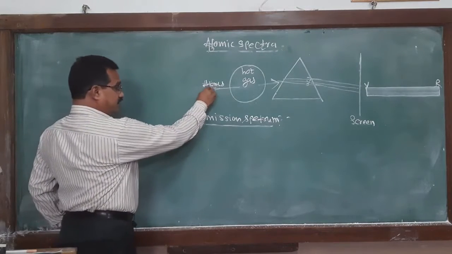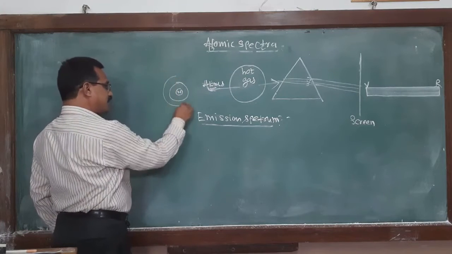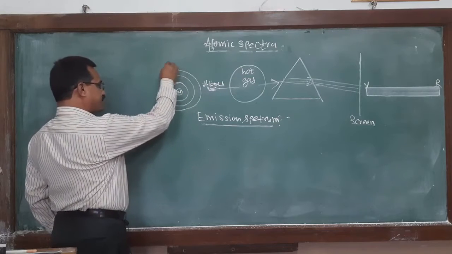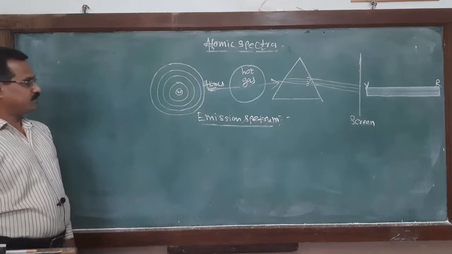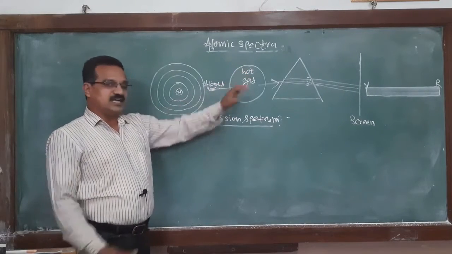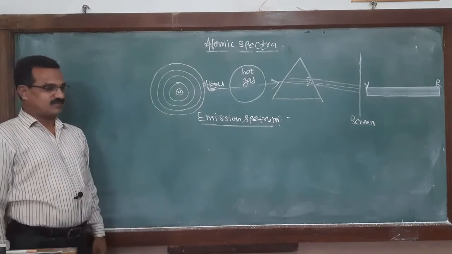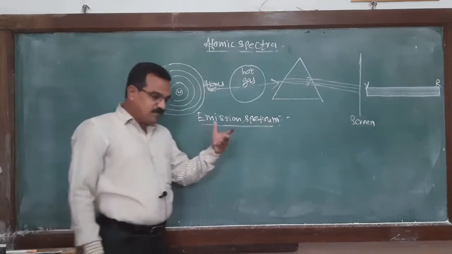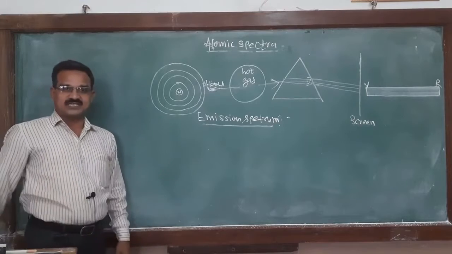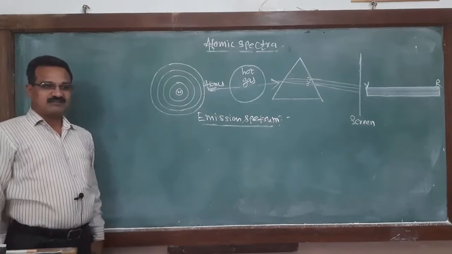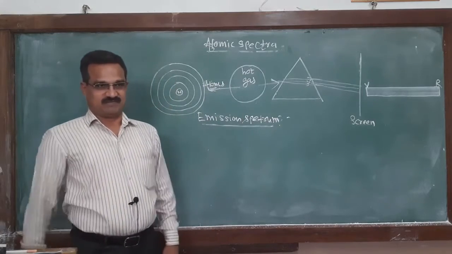We are familiar with the fact that within that atom, there is a nucleus, and surrounding the nucleus, electrons are revolving in different orbits. Hot gas means that it is in excited state. A gas can be excited by different techniques: by discharge of electricity, by increasing the temperature, or in short, by supplying external energy to that material.